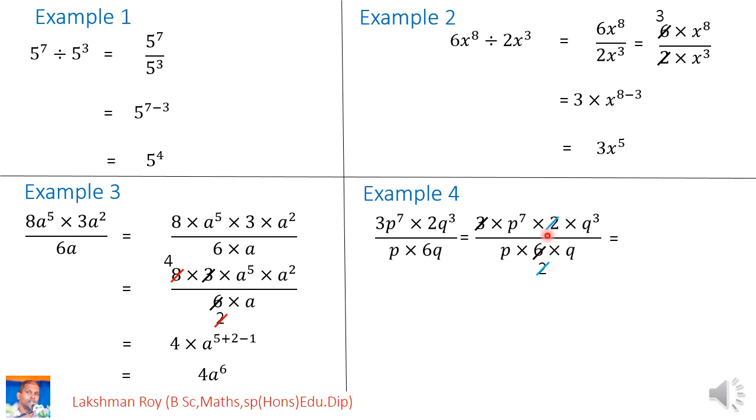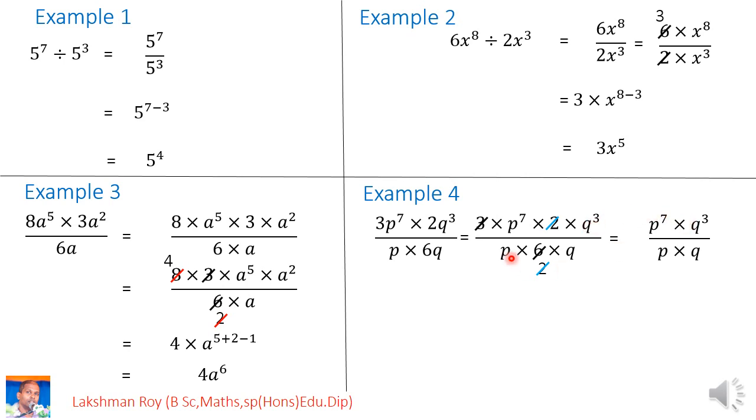Now here, see, no numbers, only powers, algebraic powers. Then you can simplify here, p to the power 7, denominator p to the power 1. Those things you can simplify, and the q part also simplifies. Now p to the power 7 remains, q to the power 3 remains, here p into q remains.